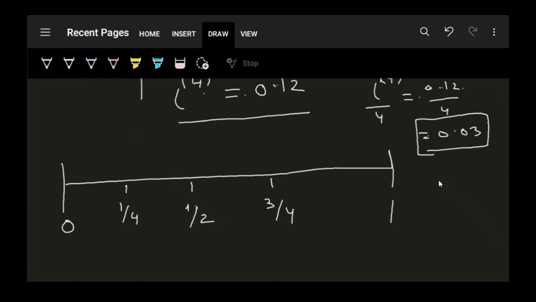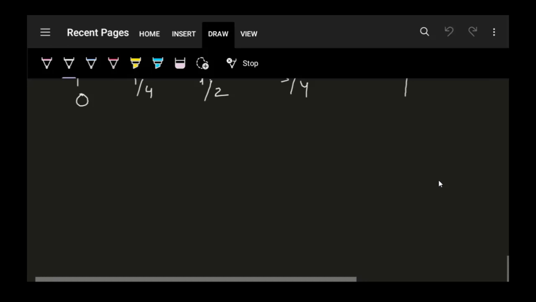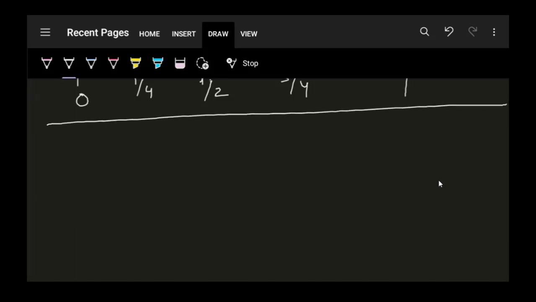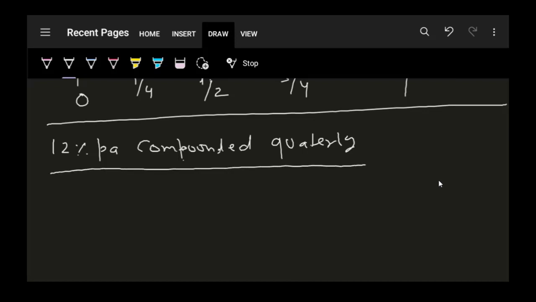So suppose you took a loan of 100 rupees at time 0 at the rate of 12% per annum compounded quarterly. I can write this or I can write this.